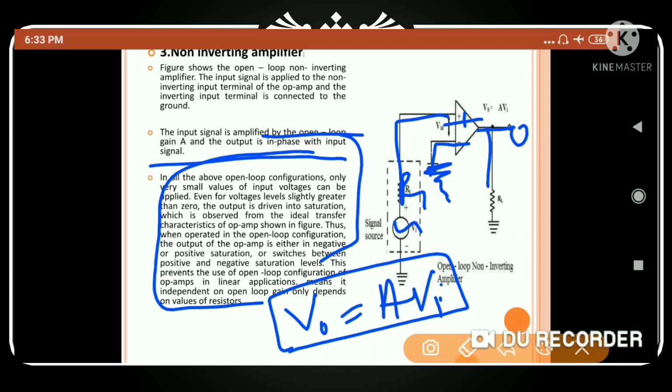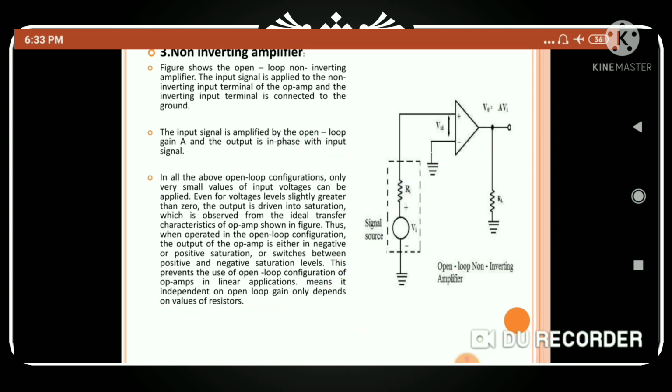First study the differential amplifier and inverting amplifier, then you will easily get this non-inverting amplifier. This is an easy topic. Study from the basics: what is an op amp, parameters and all, ICs.